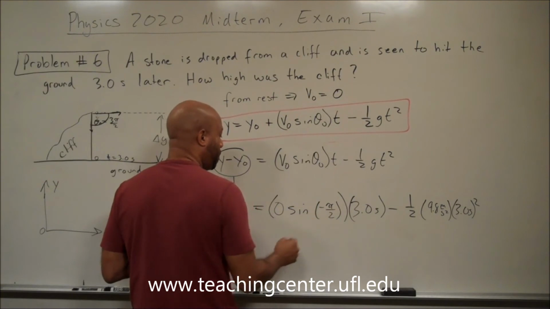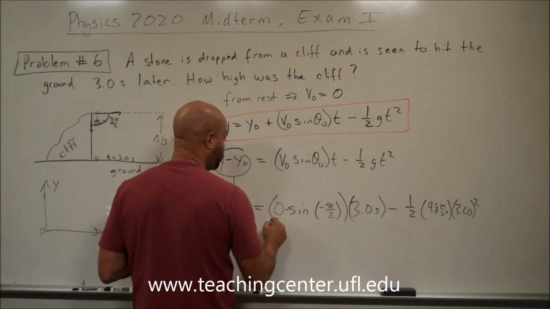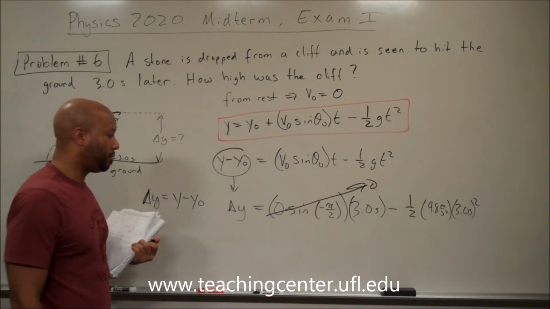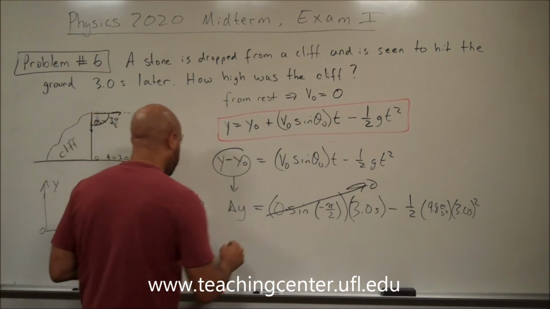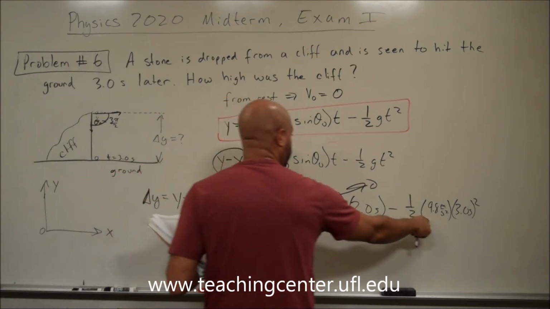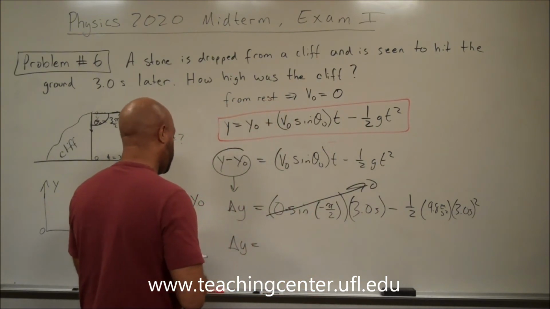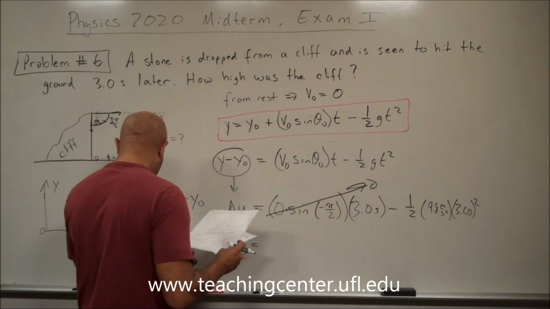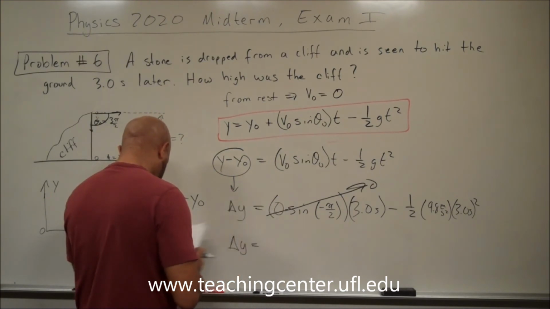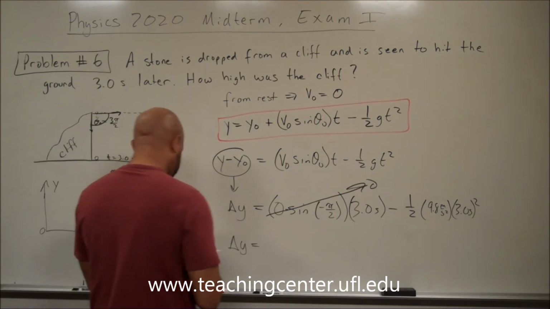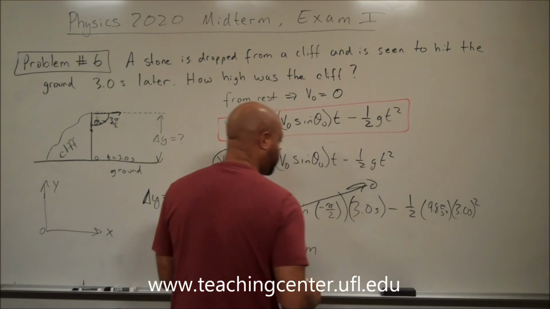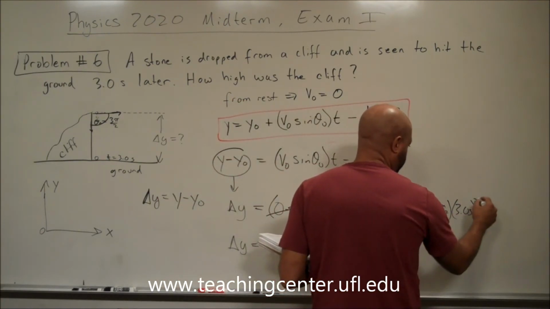The theta won't matter anyway, since we're multiplying 0 times that, so this whole term becomes 0. So delta y is equal to, when we multiply this out, 44.1 meters.